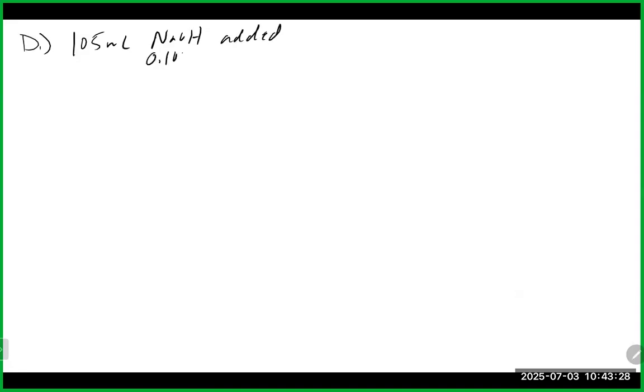And again, it's the same molarity, obviously, to our 100 milliliters of 0.1 molar nitrous acid. So again, here we need some moles. We got the moles previously as 0.01 moles of nitrous acid.